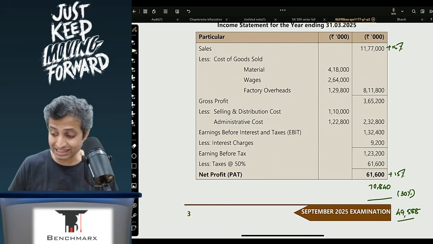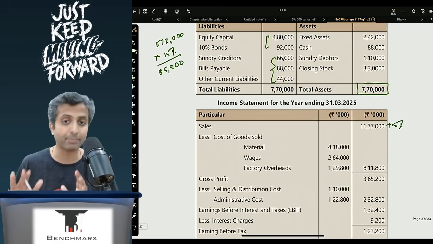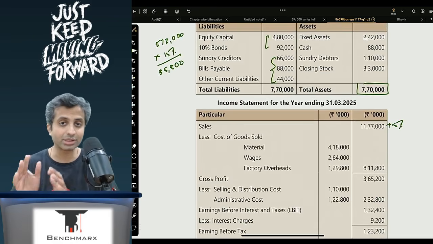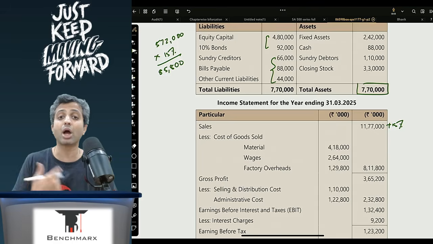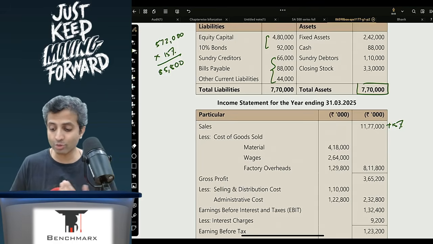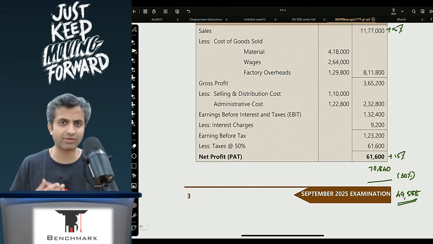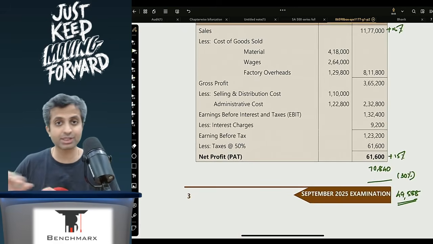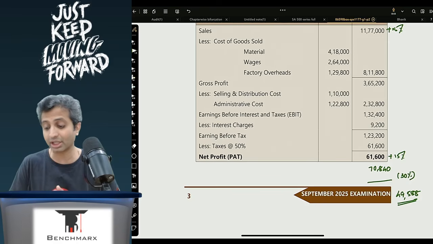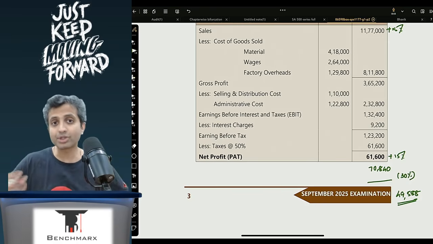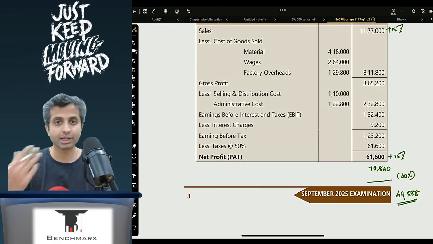Remember, the existing capital structure is already deployed. So your existing capital bonds are already deployed on the assets and liabilities. Now in the next year, you are going to make profits worth 70,840, out of which 30% you will distribute, and hence the remaining 49,588 you will have with you for the purpose of running the business, even if there is a growth.